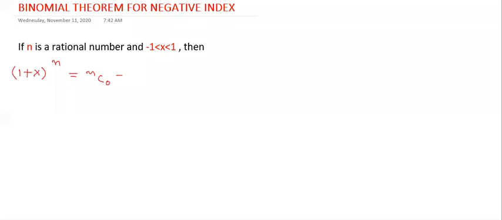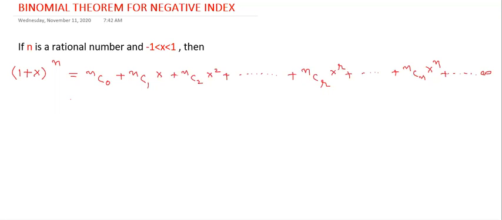That is nc0 plus nc1 into x plus nc2 into x square plus nc3 into x cube plus and so on, ncr into x power r plus and so on, ncn into x power n plus and so on. nc0 means 1, nc1 means n by 1 factorial into x, nc2 means n into n minus 1 by 1 into 2 into x square plus and so on.